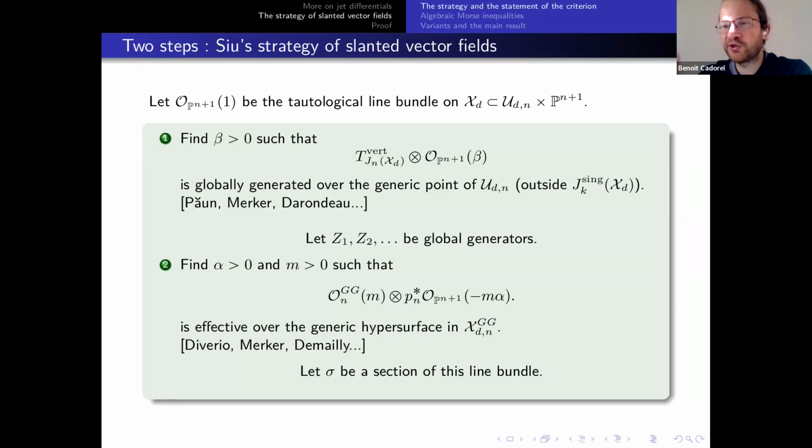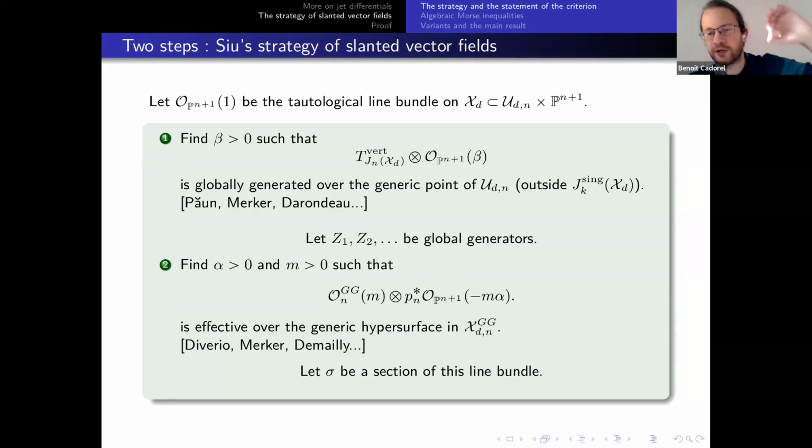actually the computations become harder if you want to climb up the tower of jets. You cannot go below, so this is proved by Diverio actually. If you go below n for the order, you don't have any such jet differentials. So n is the first step where you can hope to obtain such a jet differential.